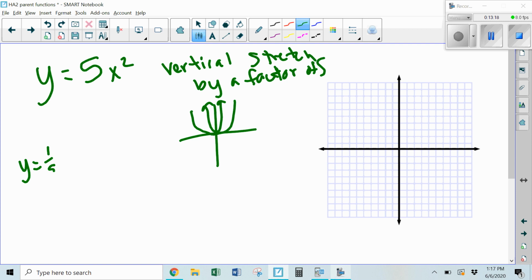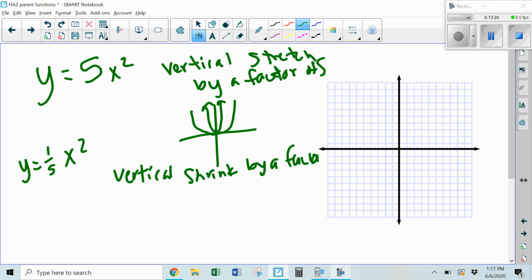Y equals 1/5 x squared. We call that a vertical shrink by a factor of 1/5. So that one is going to look like that.